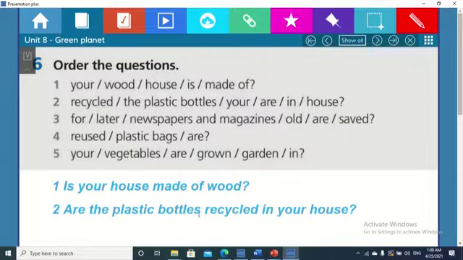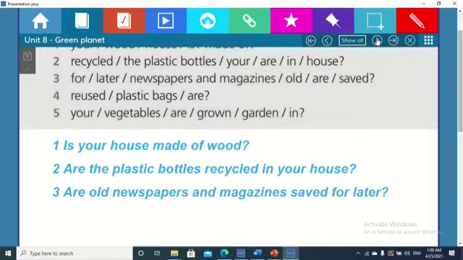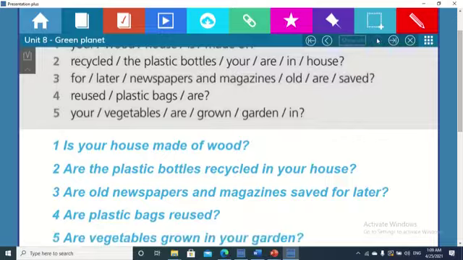Are the plastic bottles recycled in your house? Again, 3. Are old newspapers and magazines saved for later? Here's number 4. Are plastic bags reused? And 5. Are vegetables grown in your garden?